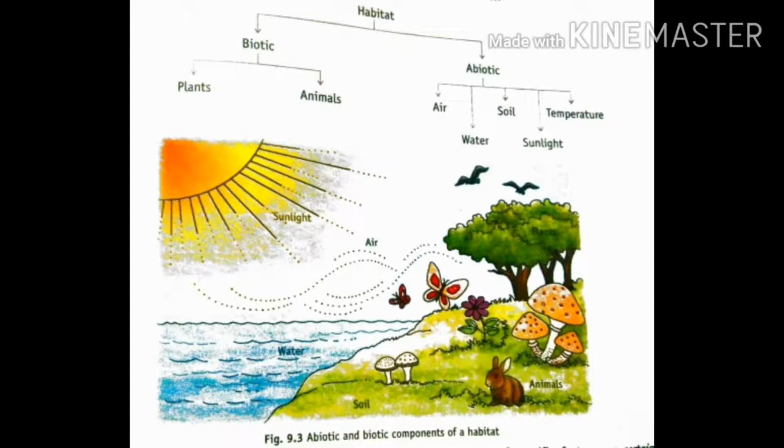The biotic components are living organisms and the abiotic components are air, water, light, soil, temperature. In a habitat, all biotic and abiotic components continuously interact with each other. It brings balance in the habitat and among different types of organisms.